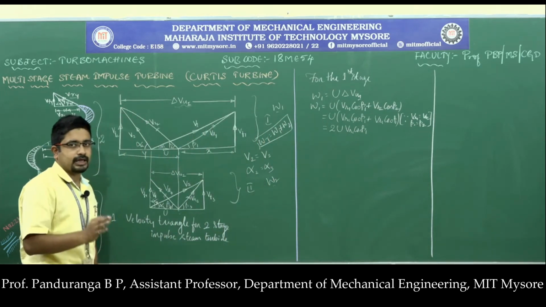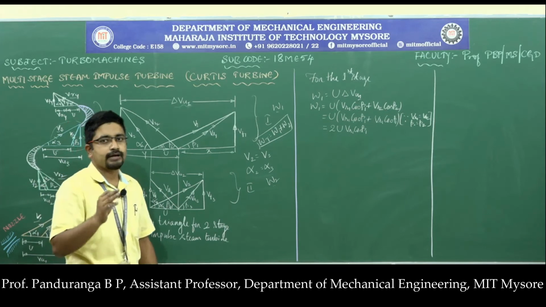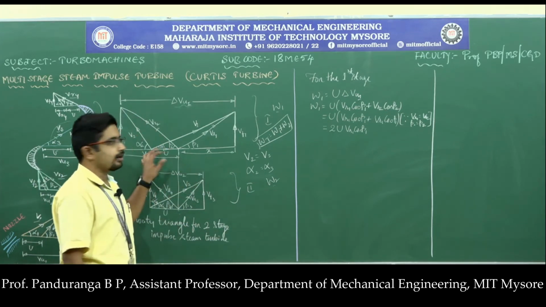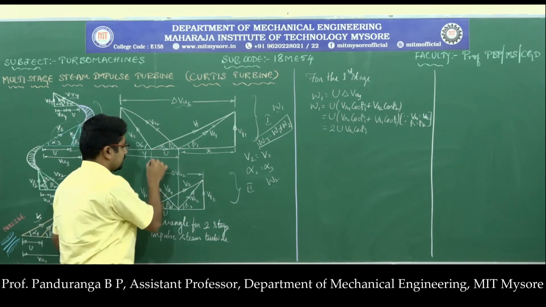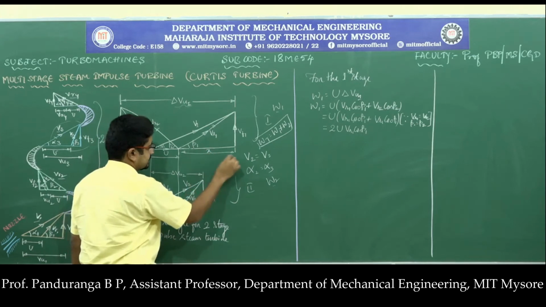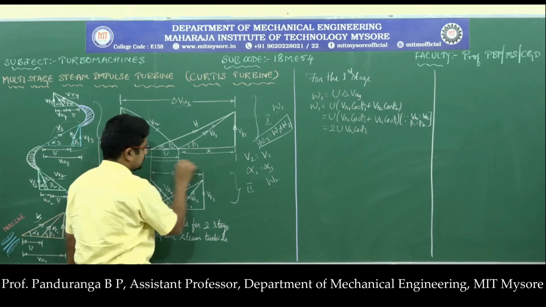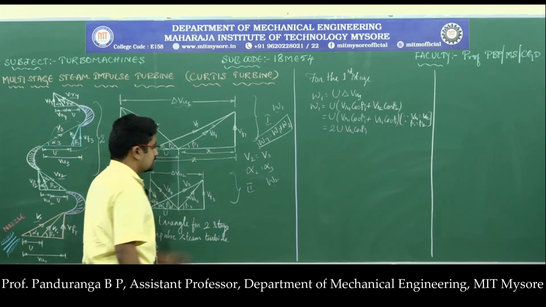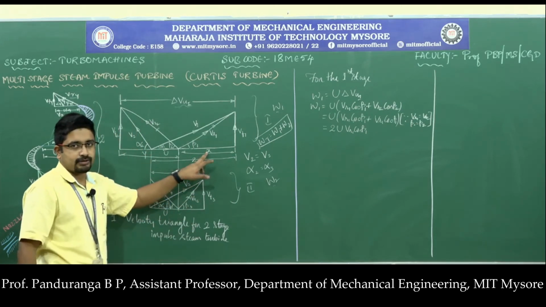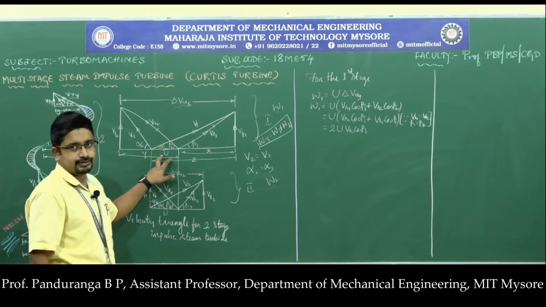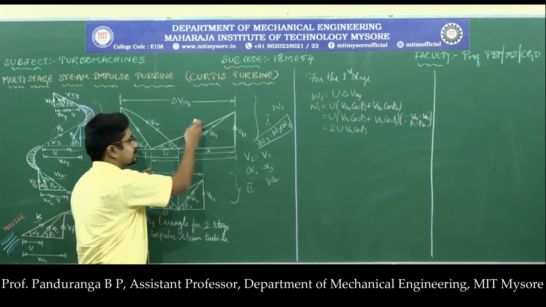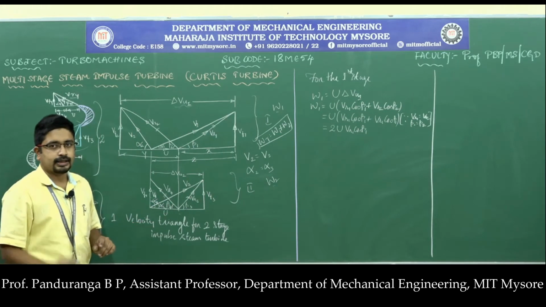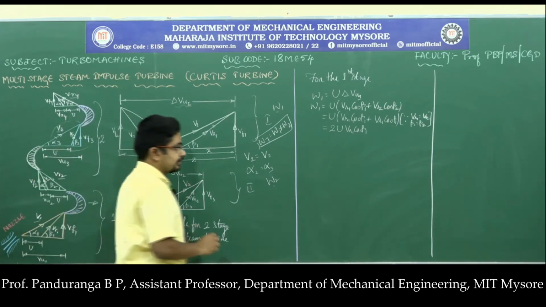Now I need to express VR1 in terms of V1, because I will be knowing V1 and alpha 1. So now I need to express x in terms of this length. I will call this z. So x will be equal to z minus U, where z is the horizontal component of V1, that is V1 cos alpha 1.